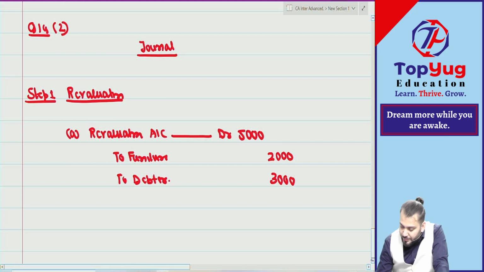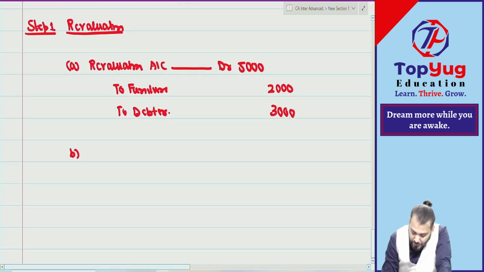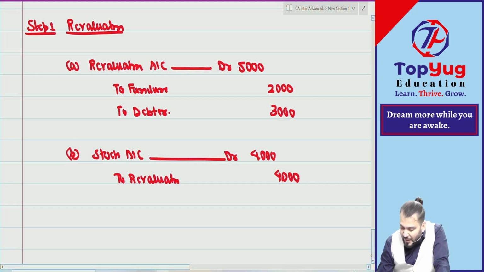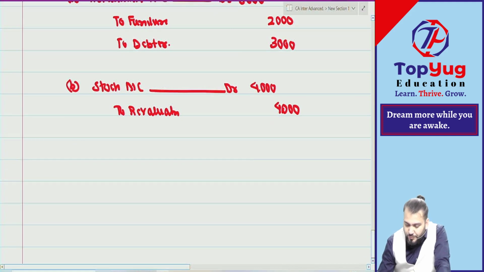Increase in stock. So what journal entry? Stock account debit to revaluation. How much? 4,000. Then how much is the revaluation gain or loss?